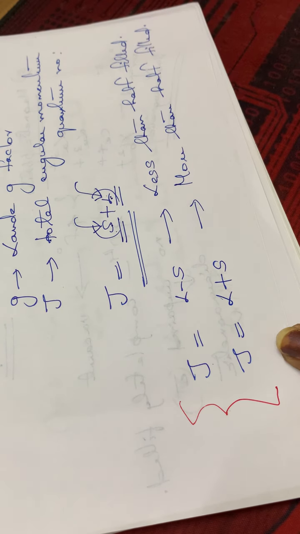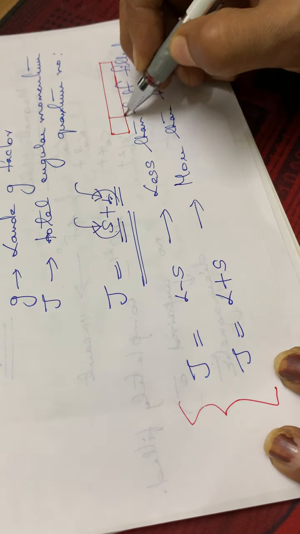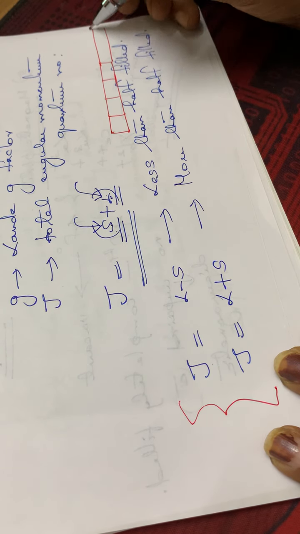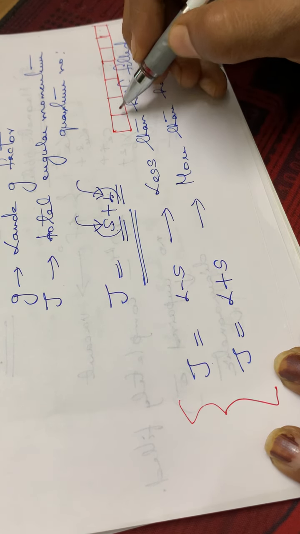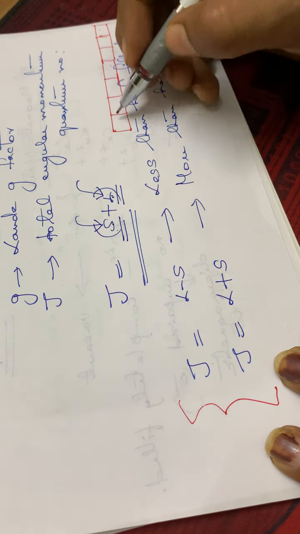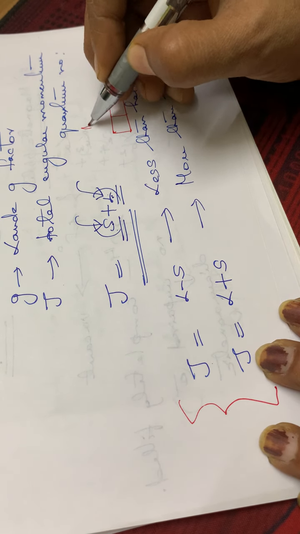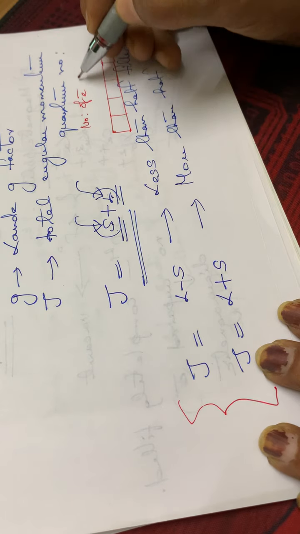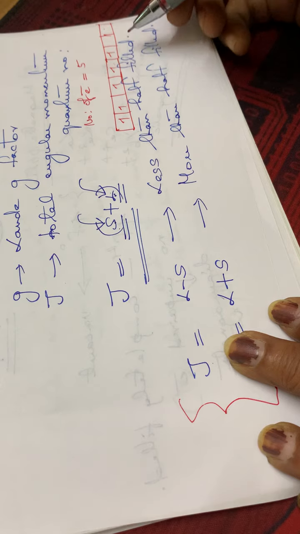That means if the orbital is like this, see, it is having 1, 2, 3, 4, 5, 6, 7. So if it is less than half filled, say if the number of electrons is 5, 1, 2, 3, 4, 5, it is less than half filled, isn't it?